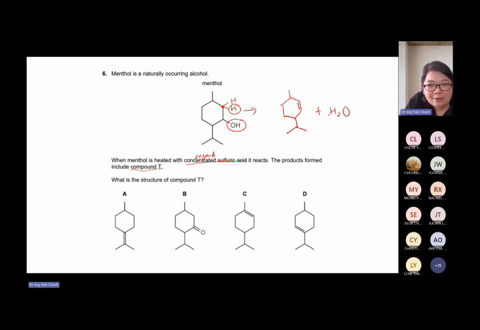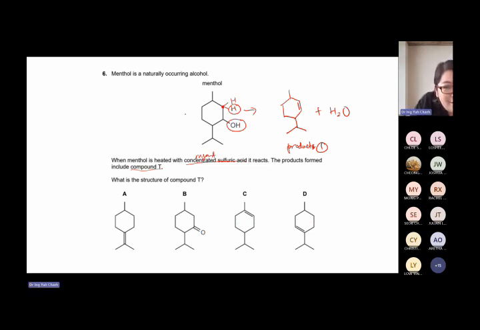So let's check whether A, B, C, D, any of them is actually giving you the structure of this first product that I actually drew. Product one. None of them has a double bond here or here.